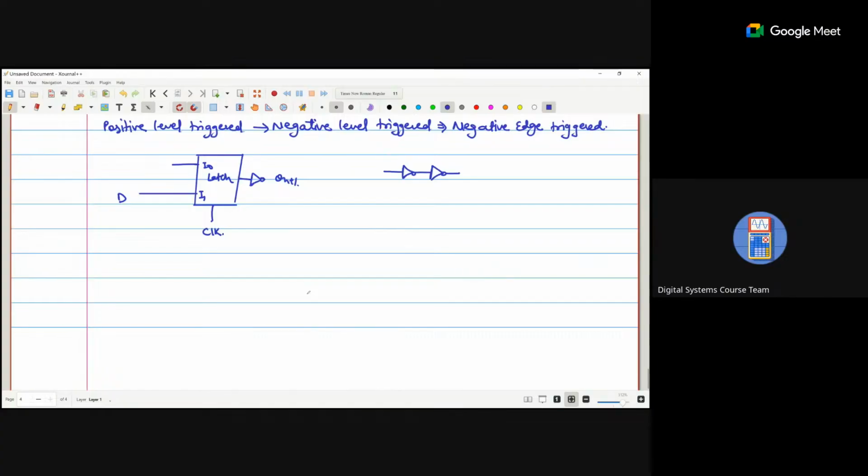We connect one NOT gate here and connect one NOT gate here. Feedback these two. Now if output is through a NOT gate, that means we require a NOT gate also here.